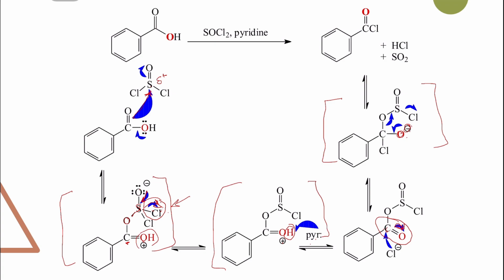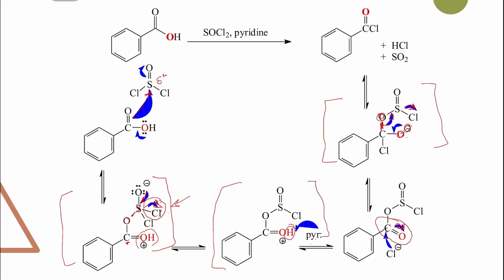So we look for the other leaving group that can easily leave, relieving the oxygen from carrying a charge. What will happen is that the chloride will leave as a good leaving group, and sulfur dioxide will be created as a double bond will be created between this oxygen and the sulfur.